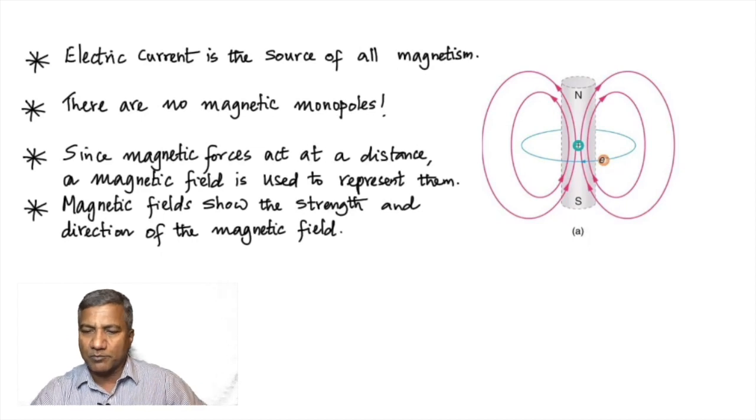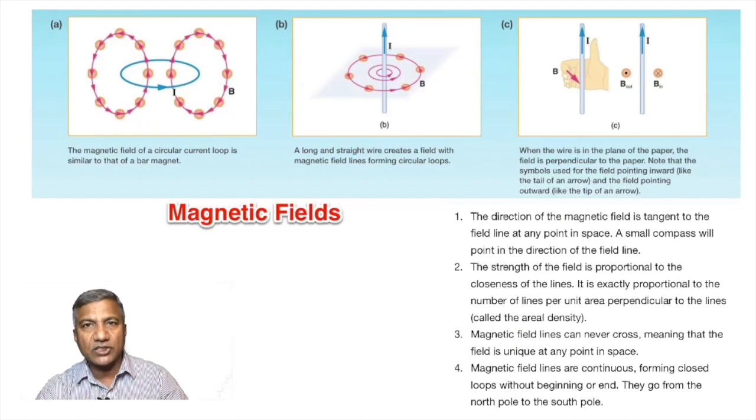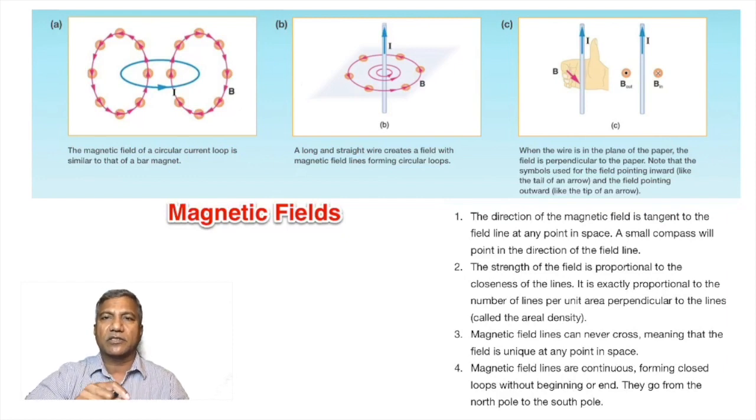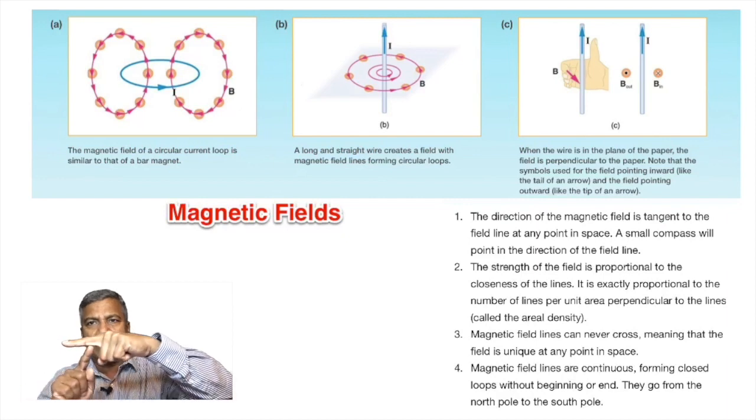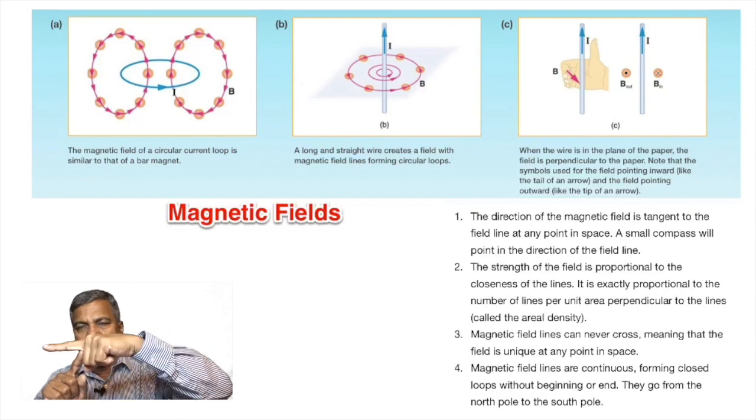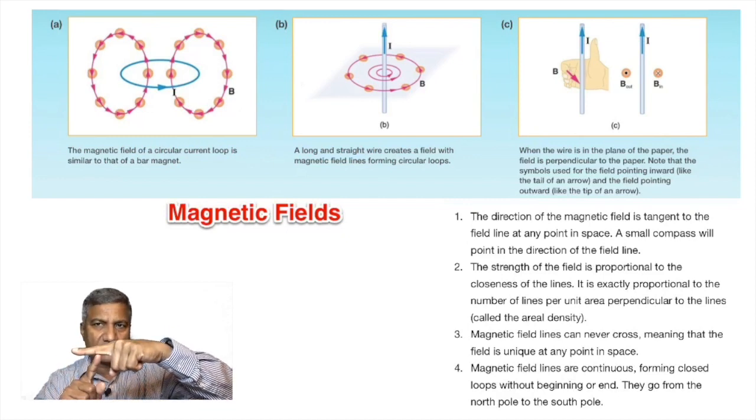Here are 4 important properties of magnetic fields. The direction is a tangent drawn to the field line at any point. So if you want to find the direction of magnetic field at any point, and you have a magnetic line passing through that point, let's say this is the north and this is the south, if you draw a tangent to that line, you will get the direction of the magnetic field at that point.